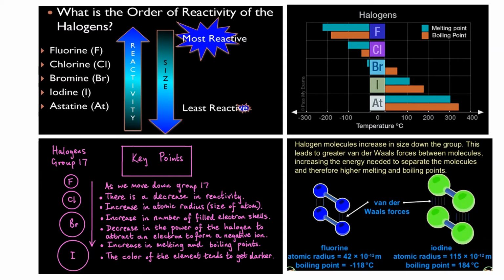It increases in the atomic radius, the size of the atom. It increases in the number of filled electron shells. There's a decrease in the power of the halogen to attract an electron to form a negative ion. And as you go down group 7, there's an increase in melting and boiling points, and the color of the element will get darker.